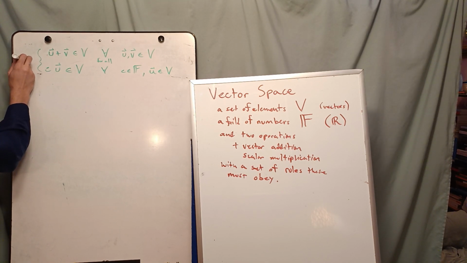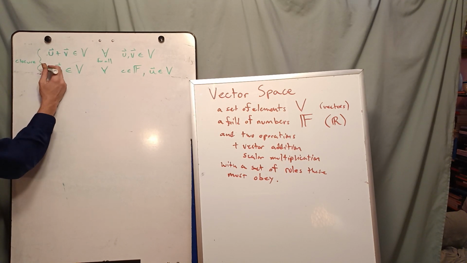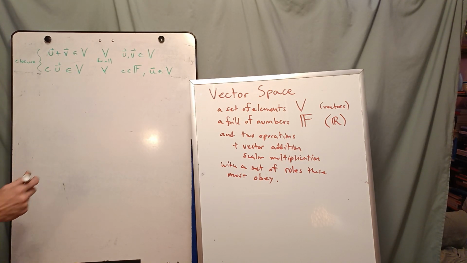Together, these are called closure: closure under scalar multiplication and vector addition.